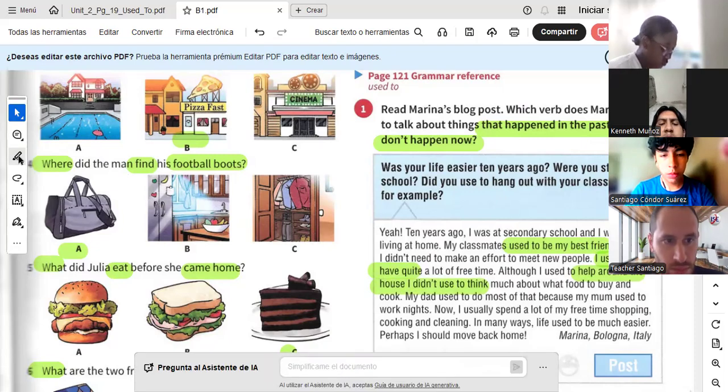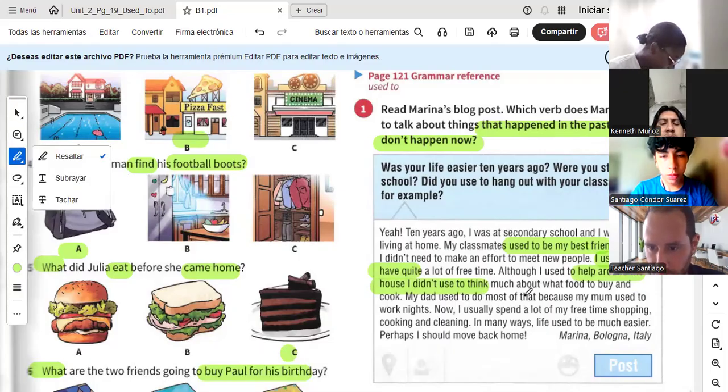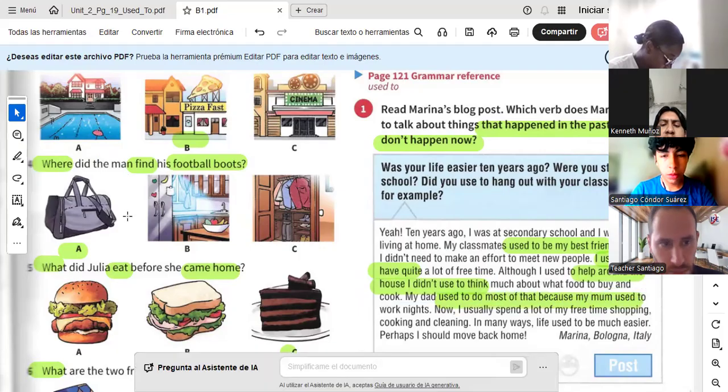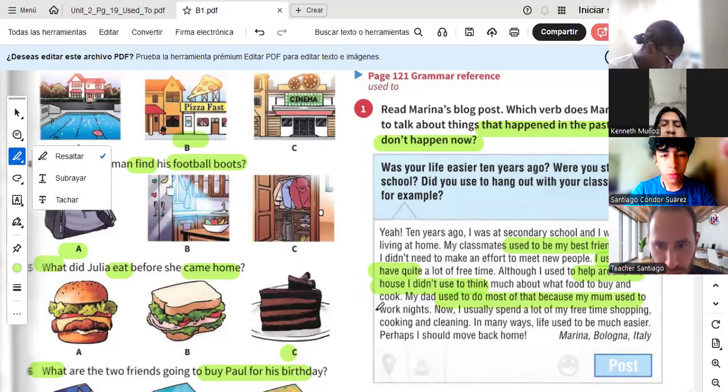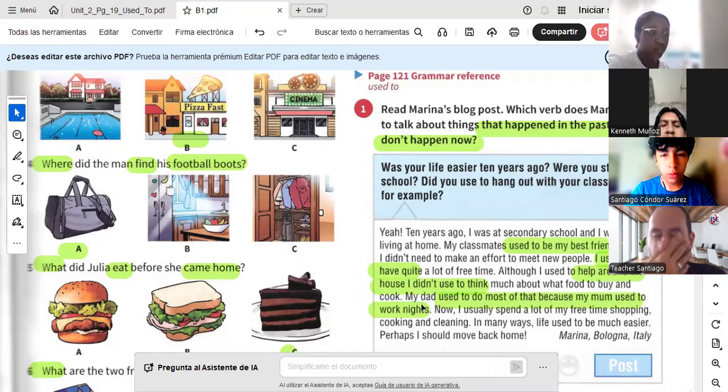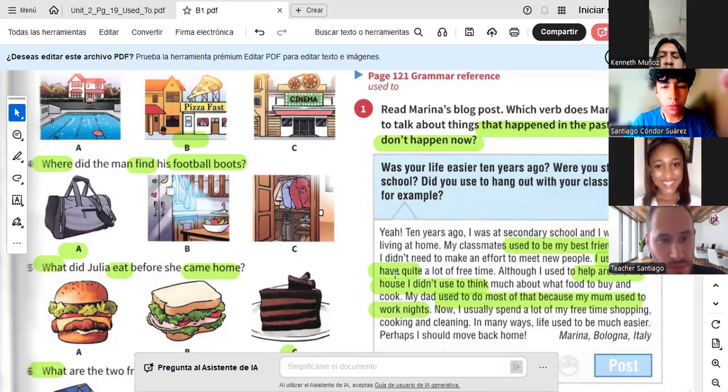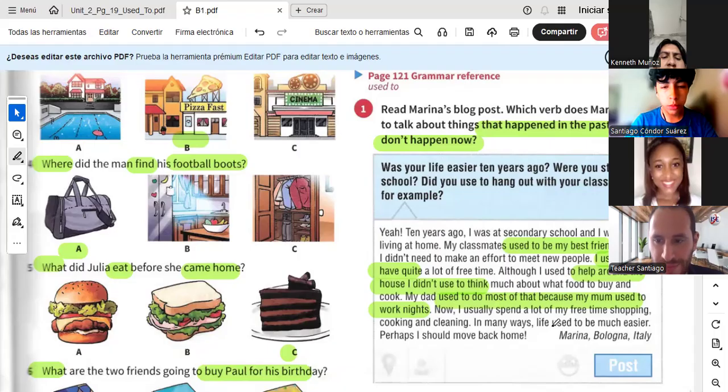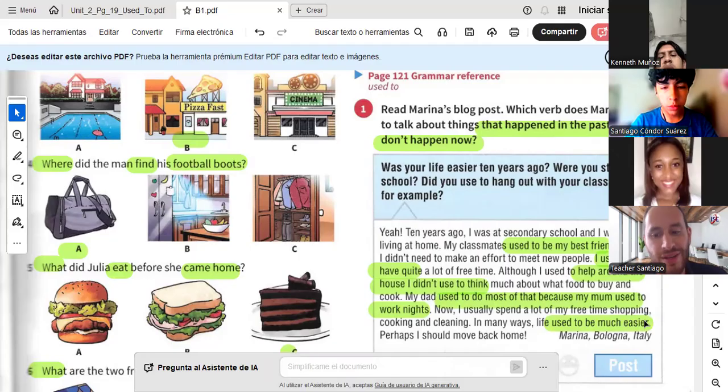My dad used to do most of that because my mom used to work nights. Now, I usually spend a lot of my free time shopping, cooking, and cleaning. In many ways, life used to be much easier. Perhaps I should move back home.